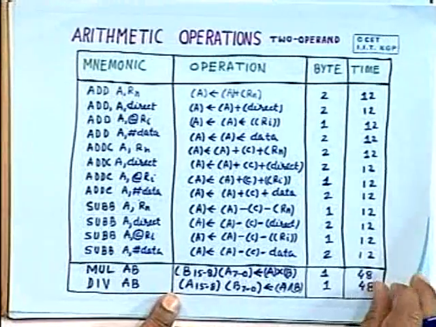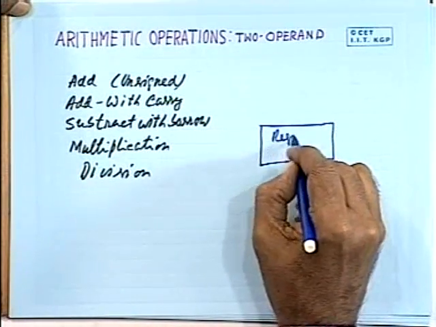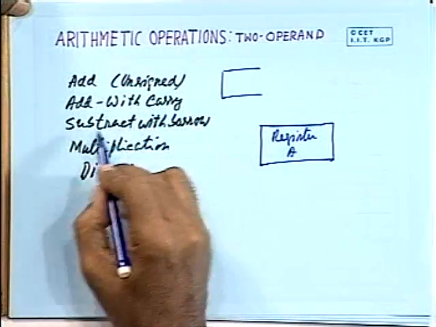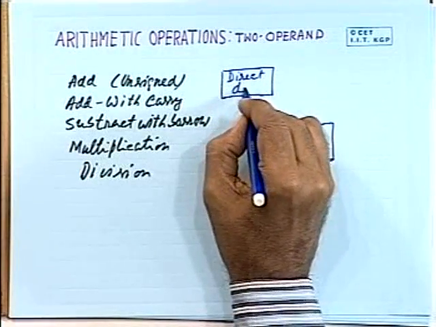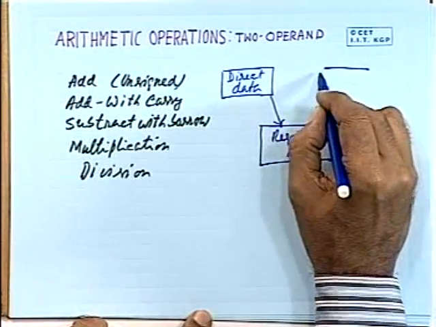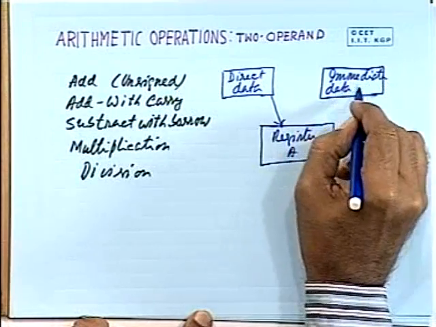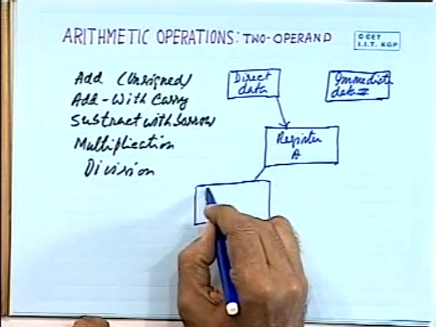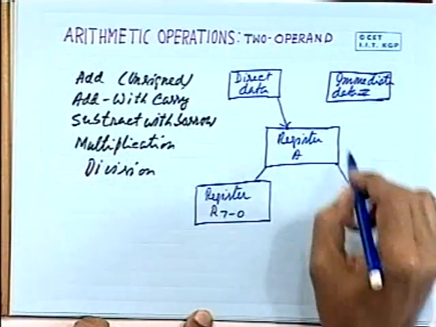So these instructions can be represented by a simple diagram where you will have the register A here, and for all these operations, addition with carry, subtraction with borrow, the other operand comes from direct data, that means internal data RAM provided by the direct address, and the result is in the accumulator, or it can be immediate data, and third is one of the registers that you can select from the selected register bank R7 to R0, or you can use indirect addressing also.